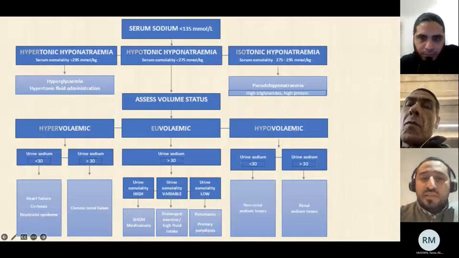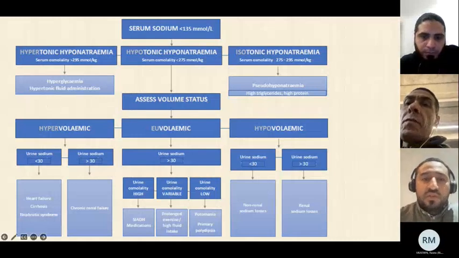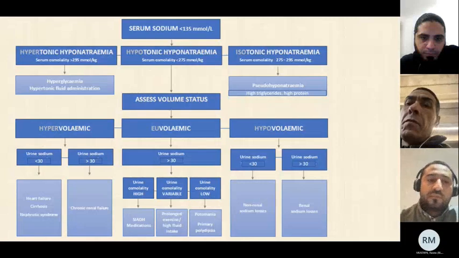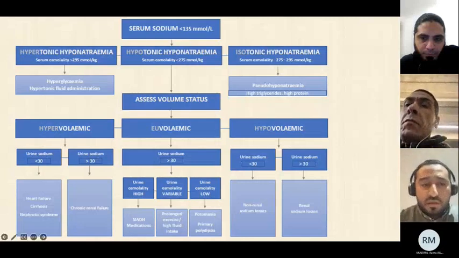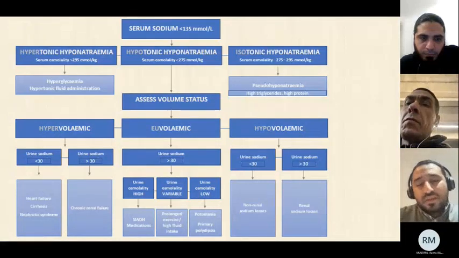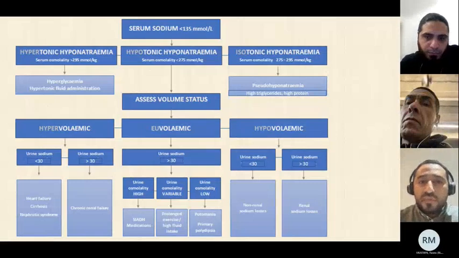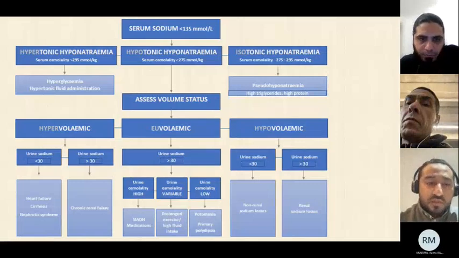Here you need to assess the volume status of the patient, as we have mentioned earlier, and the patient will be either hypovolemic, hypervolemic, or euvolemic. So you will need to check urine sodium in all the hypotonic hyponatremia.